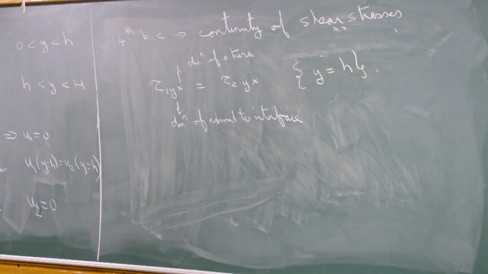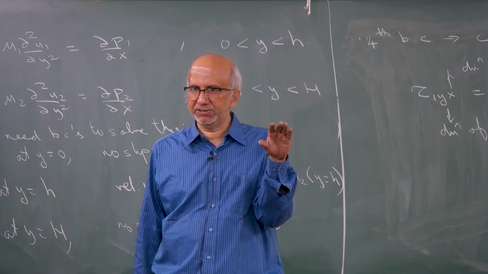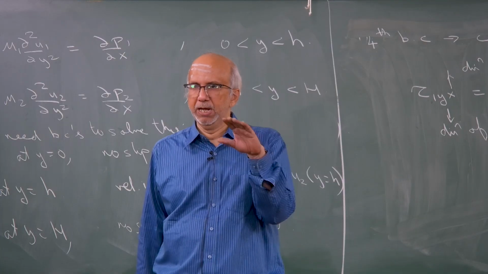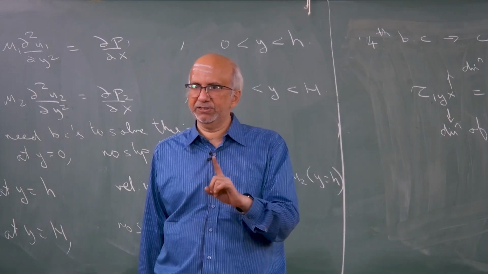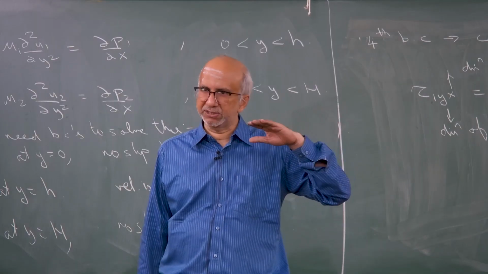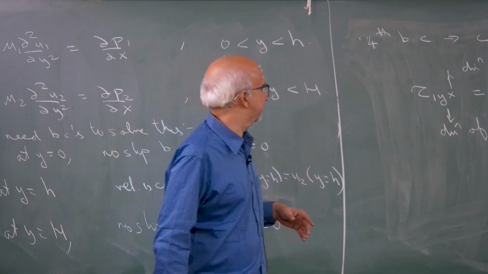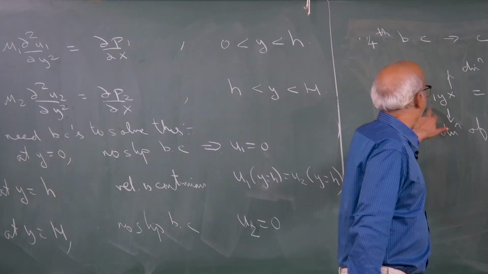So, when you talk about shear stress, you normally specify 2 things. One is the direction of the normal to the surface it is acting on, which is the first subscript; the direction along which the stress is acting is the second subscript. Anyway, we will see this in some more detail.